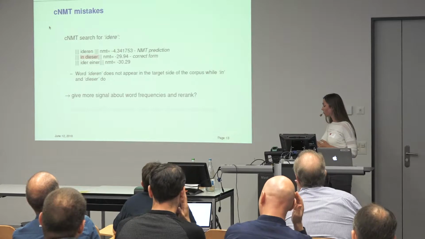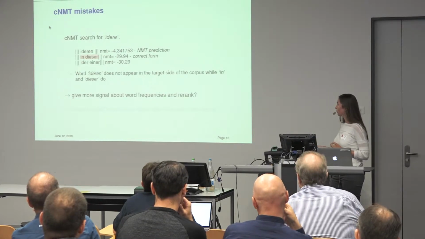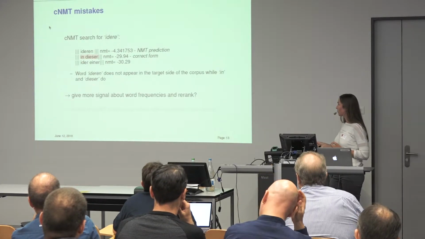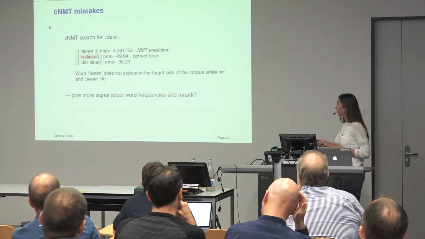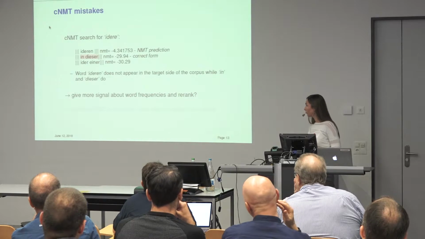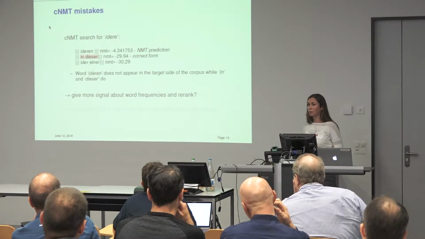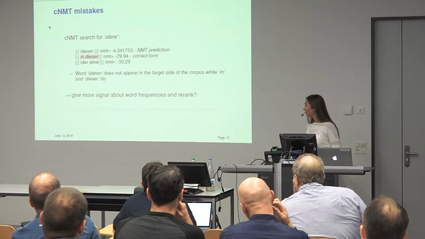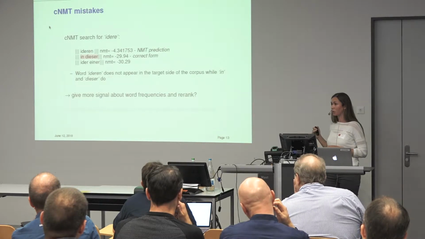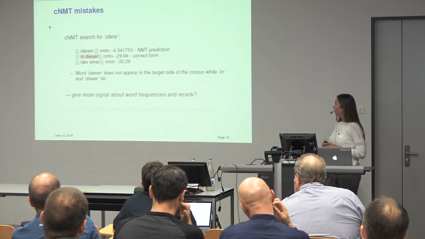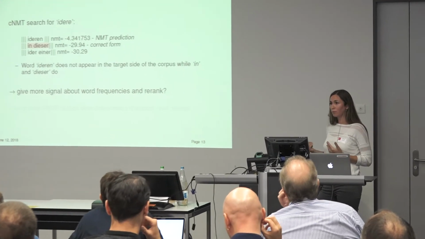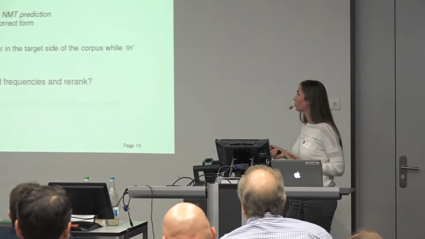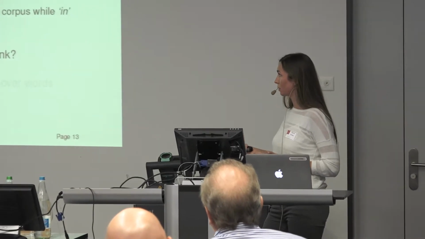If you look at the top of the list for the input itere, we can see that the NMT prediction iterant, which has the highest score, is actually wrong. The correct one, in this case, in diese, is in the list, but it's scored much lower. On the other hand, the wrong prediction iterant is something that we've never seen in the corpus, while we do observe the words in and dieser.